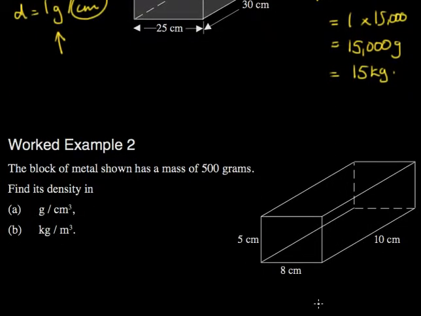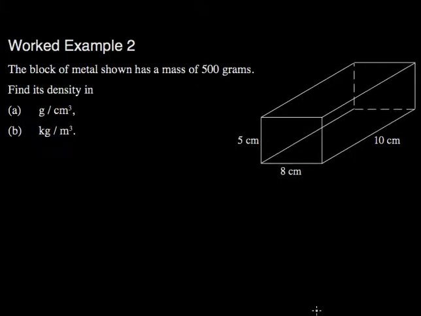Okay, in the second worked example, a block of metal has a mass of 500. So in my triangle, the formula is that density equals mass over volume.